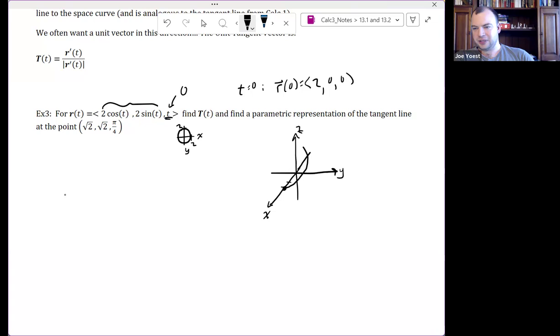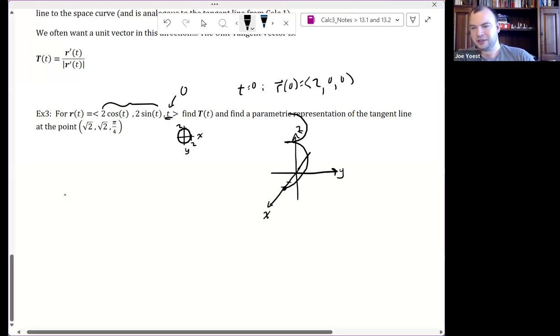So we end up with something that looks like a helix. Looks kind of like a slinky if you stretch it out a little bit. And we should make it all the way around in 2 pi, so that would be roughly 6.3 or so.